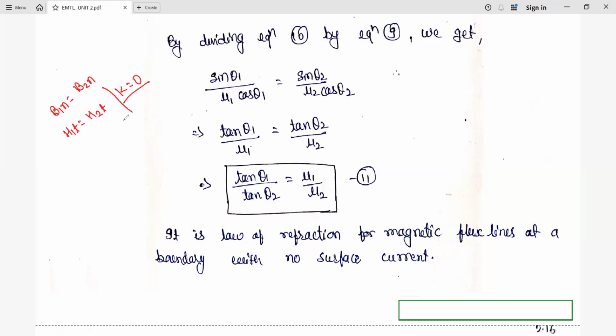If it is current free at the interface, then the tangential component of the field intensity will be equal. And if the flux density and the field intensity make the angle theta with the normal, on the basis of that we get tan theta 1 divided by tan theta 2 equal to mu1 by mu2. That is called the law of refraction for the magnetic flux line at the boundary. So these are the findings from the boundary conditions. This is a very, very important question.